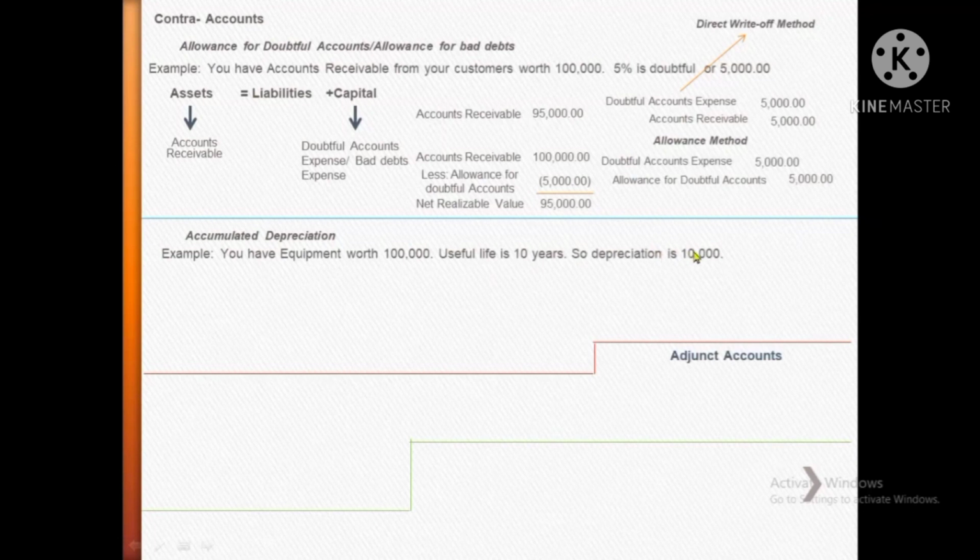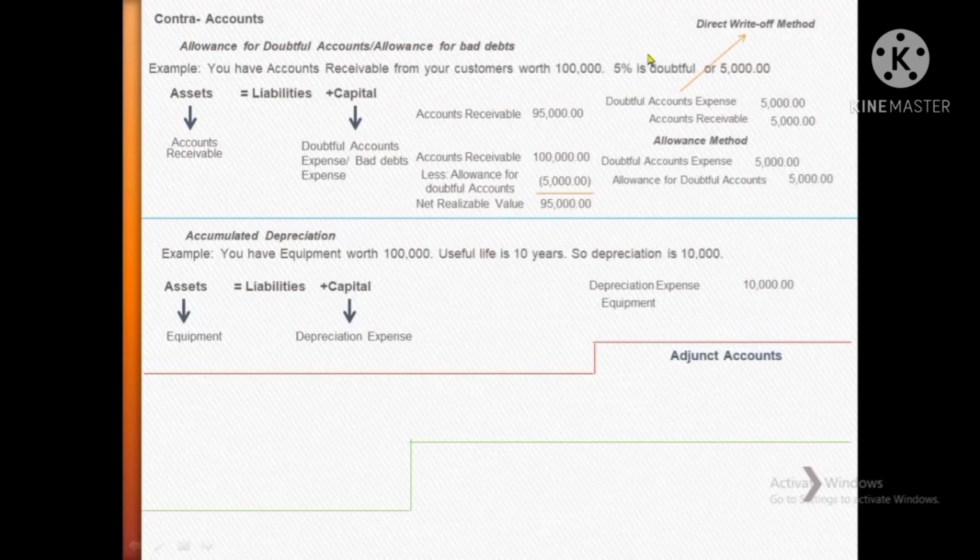So I told you in the past video that the effect on the assets equals liabilities plus capital will be a decrease on the capital because of the depreciation expense, and of course it's a decrease also on the equipment, on the assets. So if we're going to have an entry, we're going to debit depreciation expense of 10,000 and we are supposed to credit equipment for 10,000. Unfortunately, there is no direct write-off here.